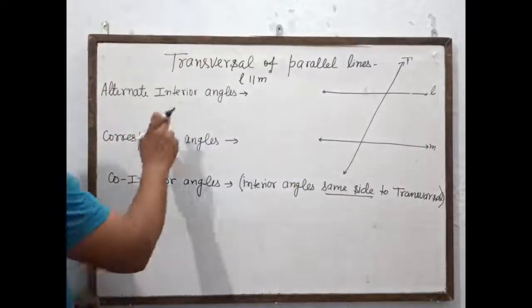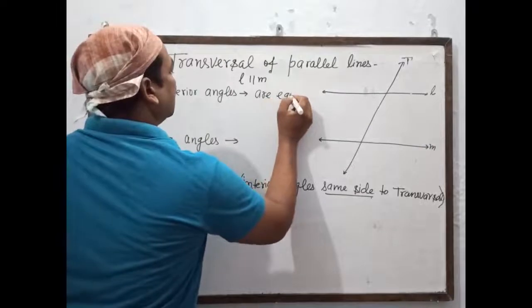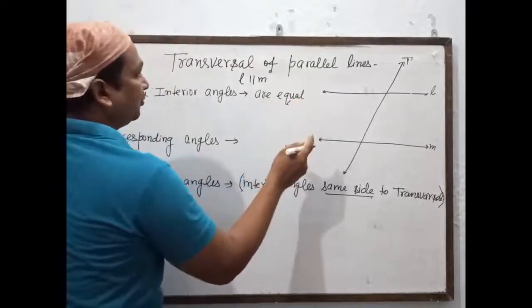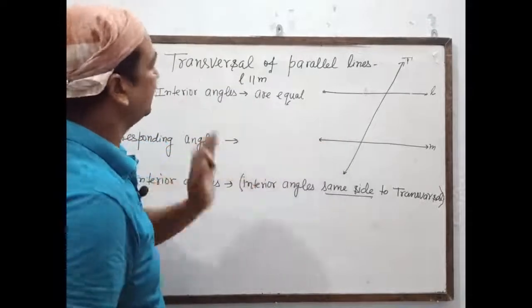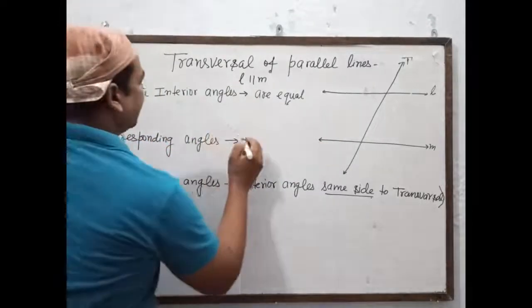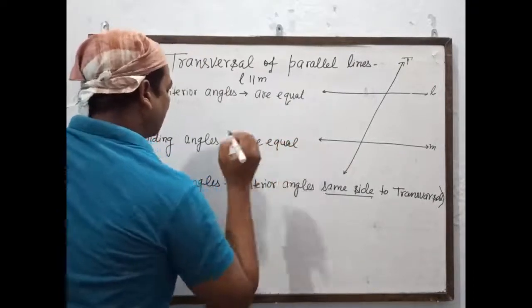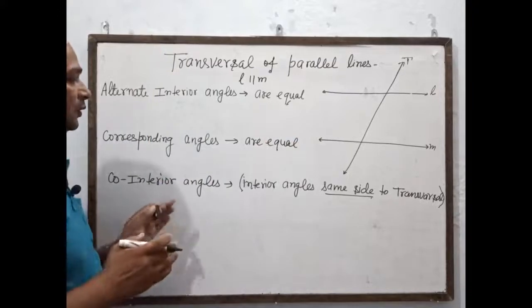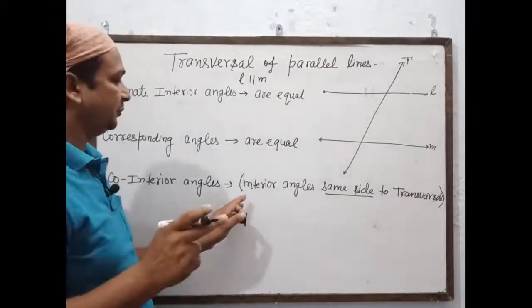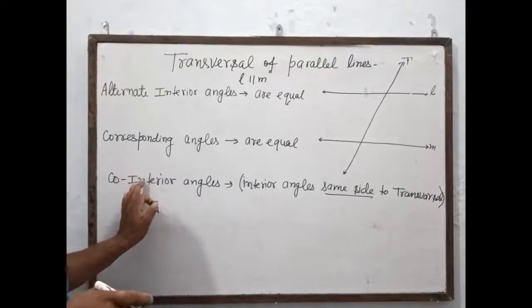First, alternate interior angles are equal. When they are equal, then the intersected lines are parallel, clearly given. Corresponding angles are equal. And co-interior angles, another name given in the NCERT book. In the NCERT book, the term co-interior angles is not used.